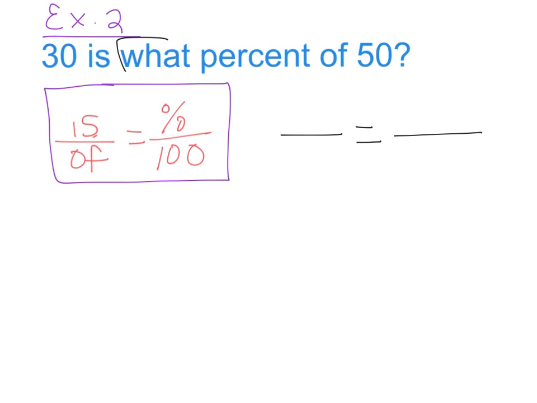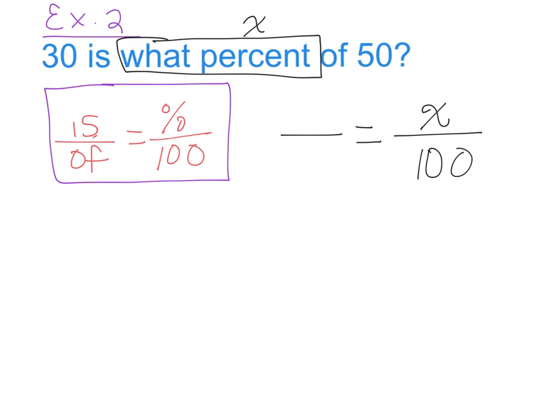I know it's asking me for a percent, so what percent? So I know that my percent, which would go here, is what I don't know, so I'm going to use that as my variable, so that's x. And I know that since I'm finding a percent, my denominator is automatically 100 because percent means out of 100.